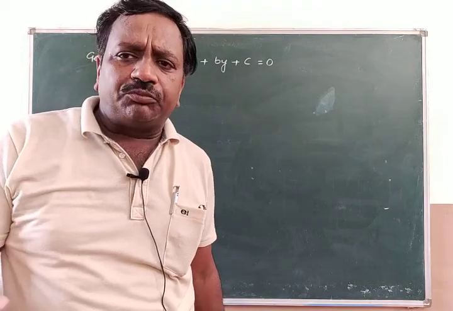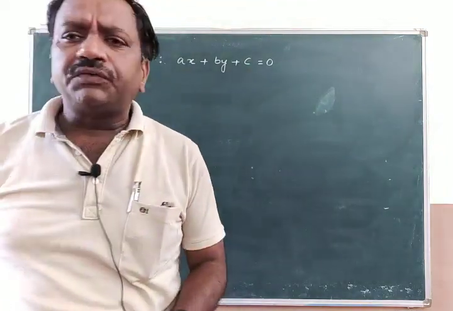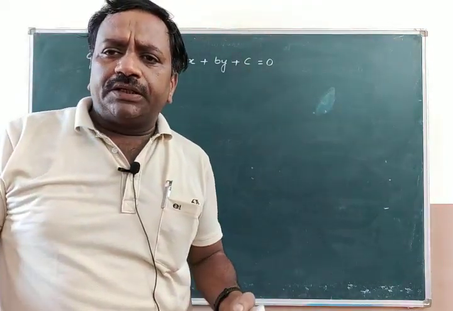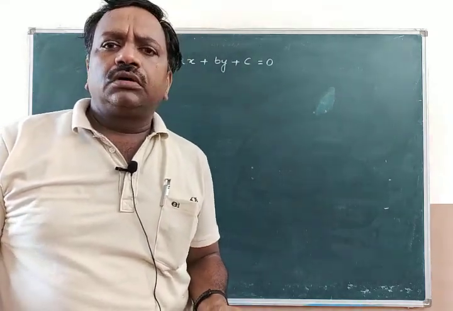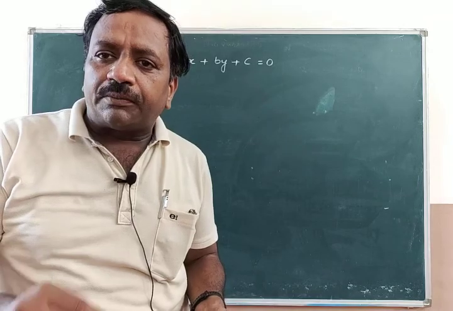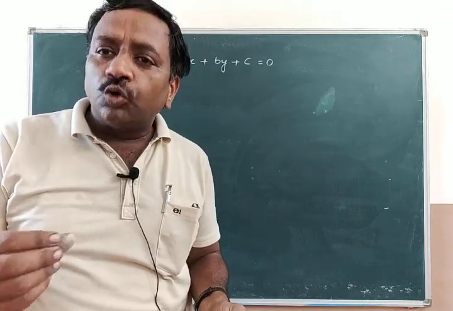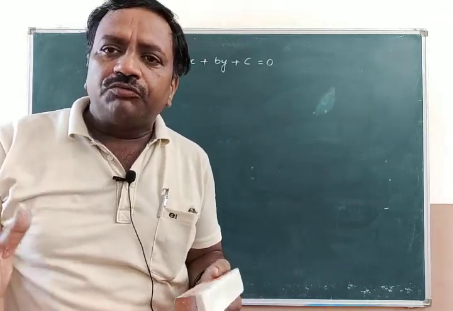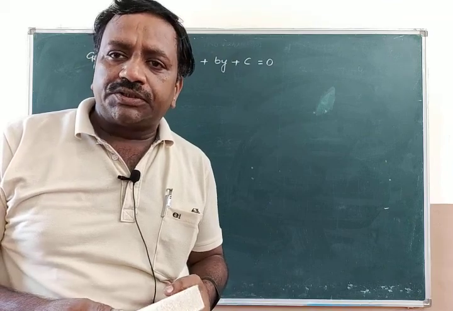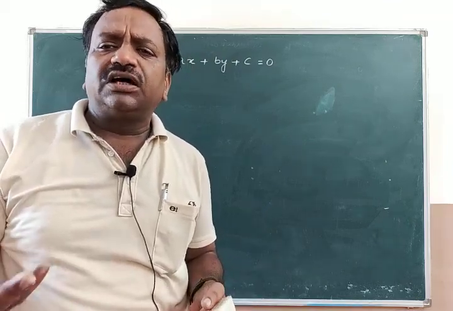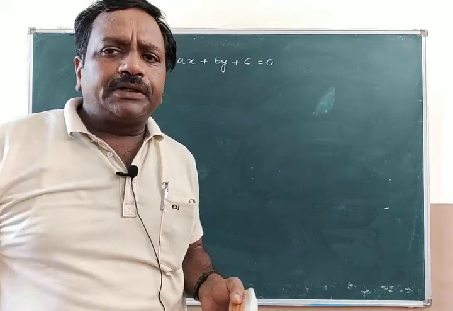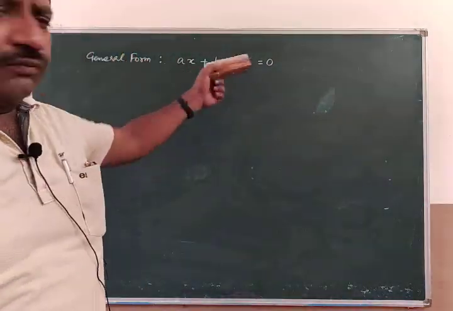There are so many types of forms of equations, like general form, standard form, slope intercept form, 2-point form. There are many forms of writing a linear equation. You will learn about all these in later classes, but here we are talking about the general form.